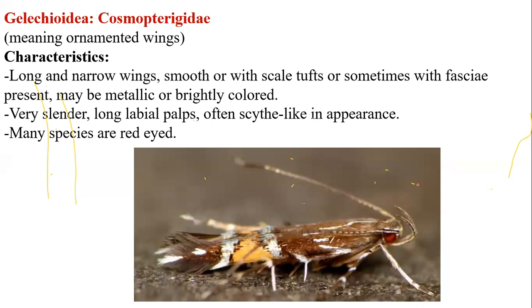Now the next family, Cosmopterigidae, on which I have already discussed some aspects. This family name actually means ornamented winged.